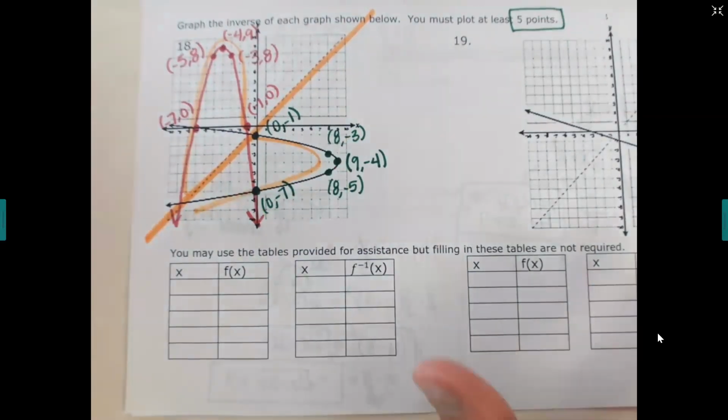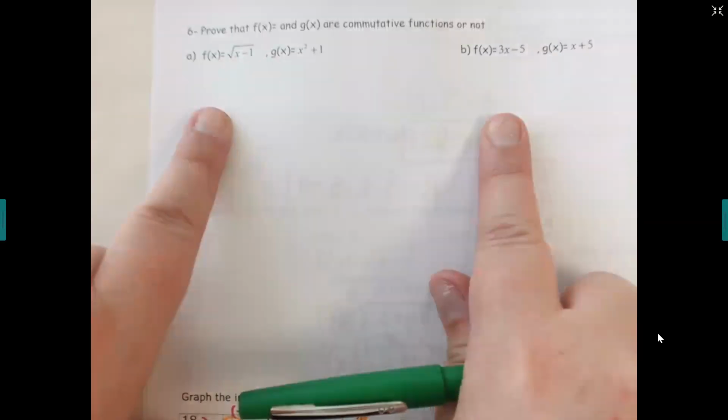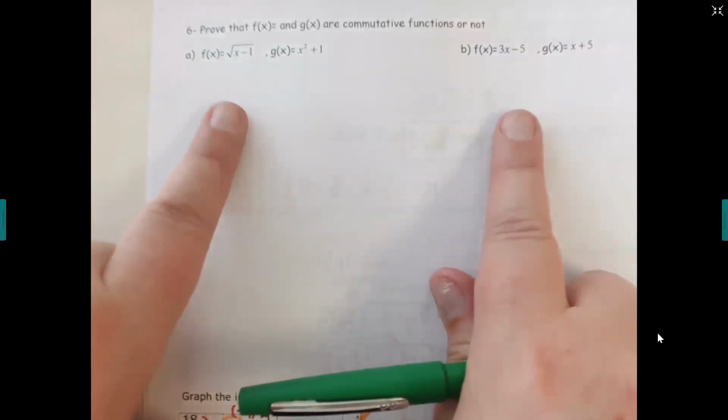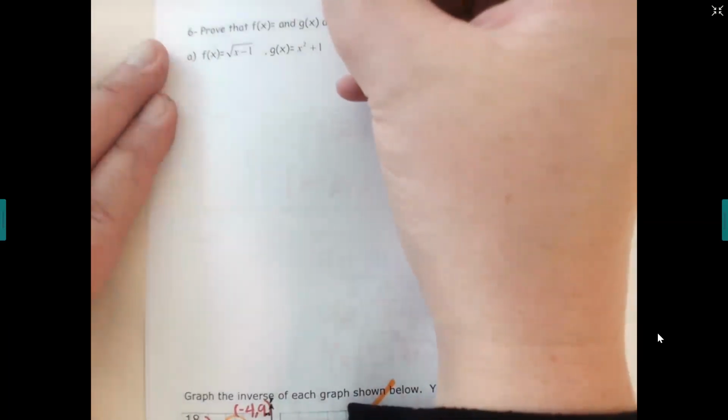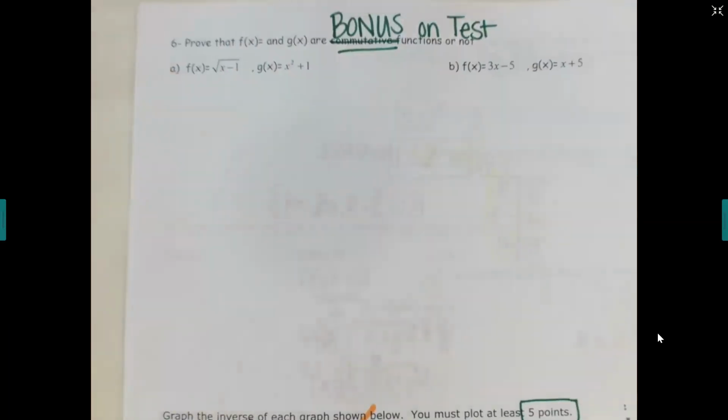So for right now, I want you to skip these 2 up here. We're going to do them after lunch, and they're not hard, but we'll do these after lunch. And those will be bonuses on your test. So we'll do those in a little bit. So I would say keep working on everything else. You have 5 more minutes till lunch.